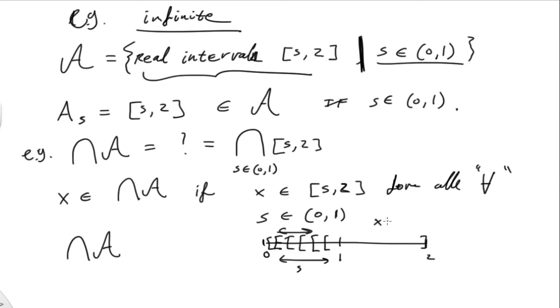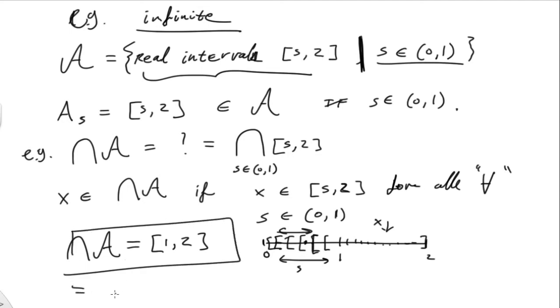Of course, x has to be in it, and that means it has to be in all of these sets. So the x's always have to be over here, because if I pick an x here, I can always find an S value that's bigger than it, which would exclude those objects that are down there. So the result would have to be, visually, you can just see it, the closed interval [0, 2]. So that's the result.